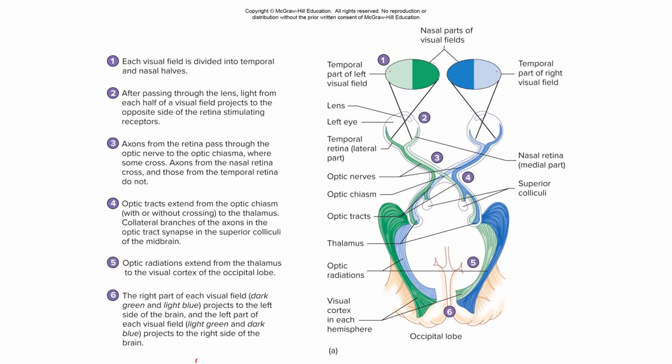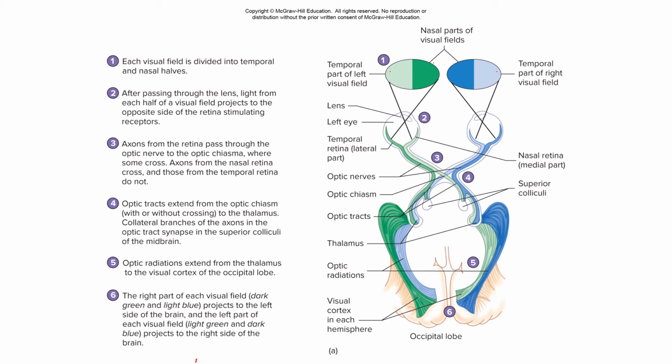Okay, so ayan. So after it, the optic radiations extend from the thalamus, this part, to the visual cortex of the occipital lobe. Again, sabi nga kanina, the occipital nerve is actually the only cranial nerve in the brain that passes or goes out at the back of the head.